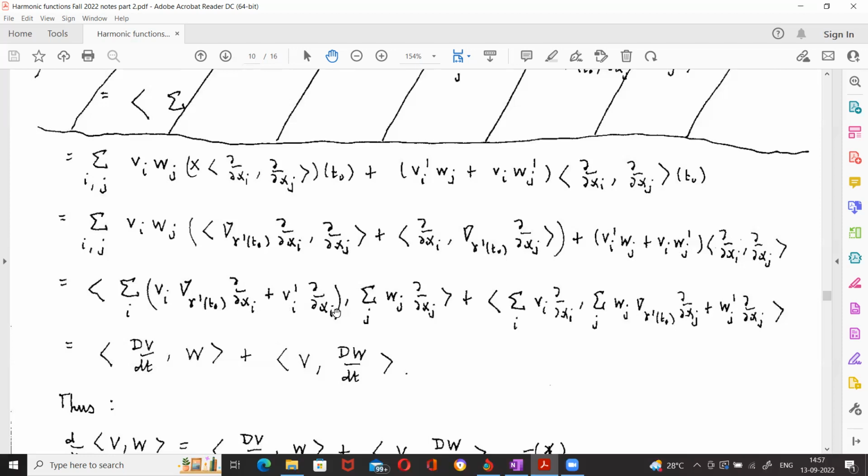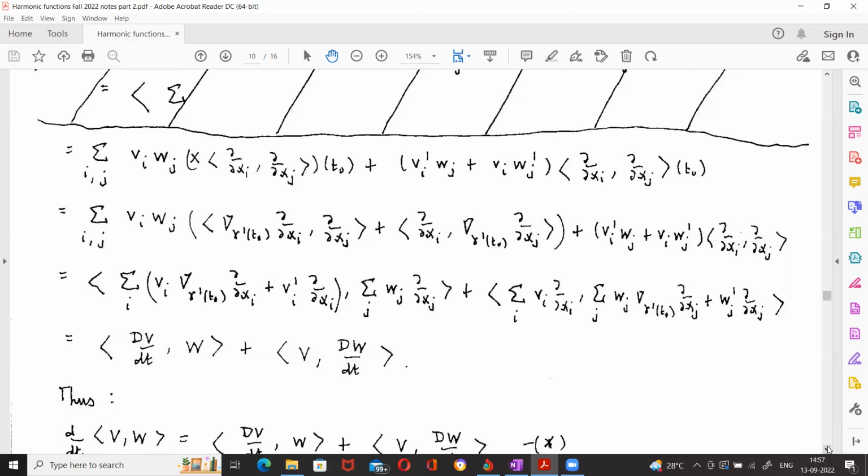Right. So the sum of these two terms will therefore give me dV/dt. And this summation Wj del del xj, this is W. And similarly, over here, I'll get V inner product with dW/dt. So therefore, I get the inner product of dV/dt with W plus V inner product dW/dt.